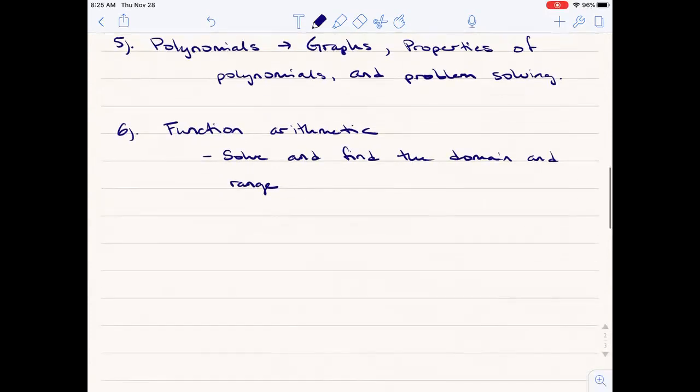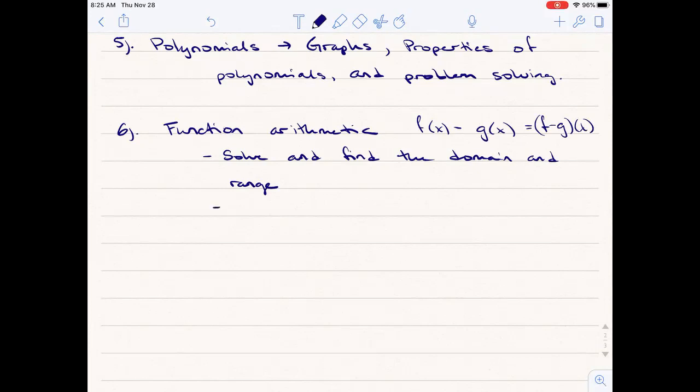Function arithmetic are things like f of x minus g of x, which is f minus g of x. Things like that.